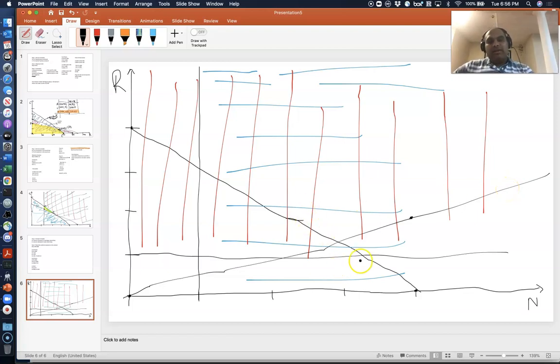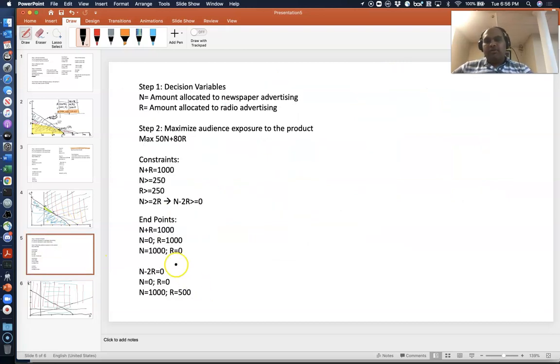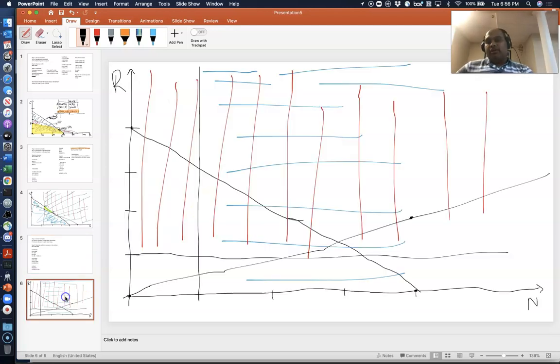Now, which side of the line is it? Is it the part towards the x-axis or the part towards the y-axis? That we can figure out. The constraint is n minus 2r is greater than or equal to 0. I cannot pick 0 comma 0 because it is on the line. So let me pick a point on the y-axis. Easy to calculate: 0 comma 1000.